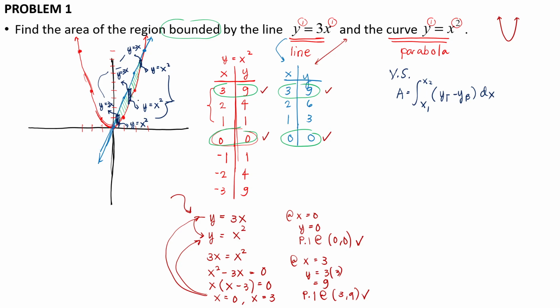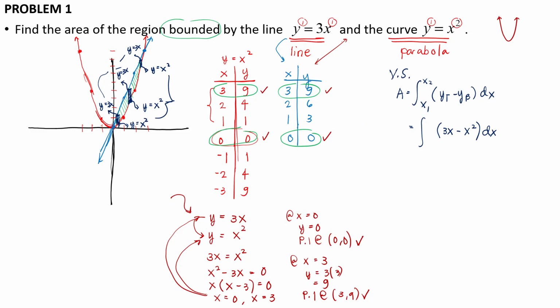And then y bottom is the equation touching the bottom of the strip. So we now have the integral of y top, which is 3x, and then y bottom is x squared, and then dx.